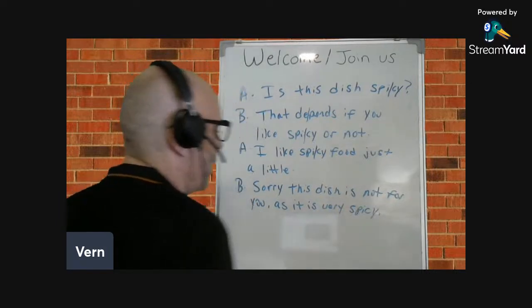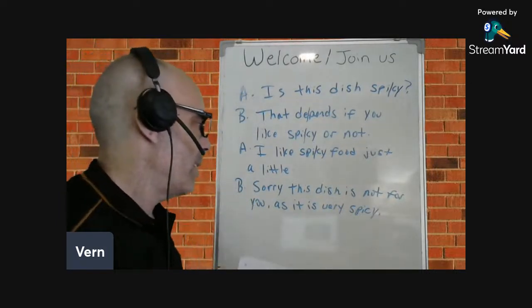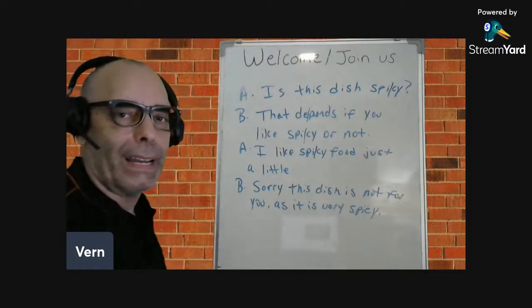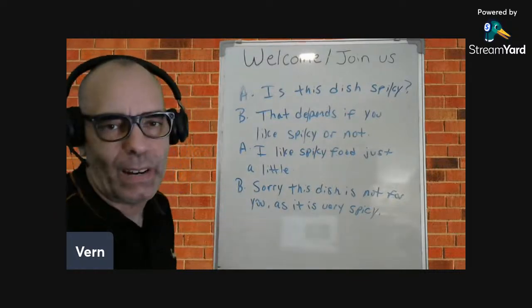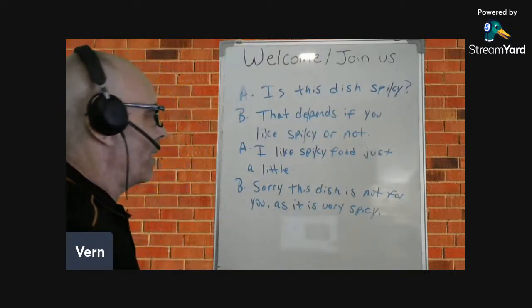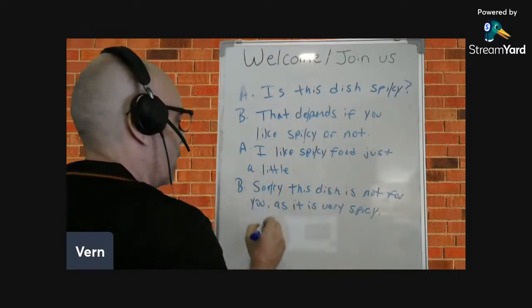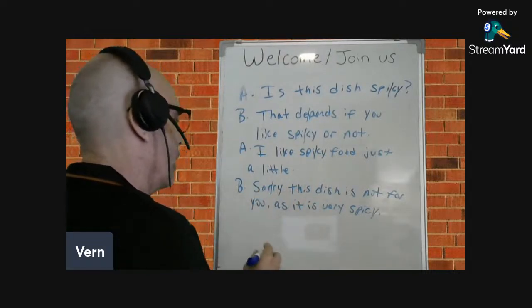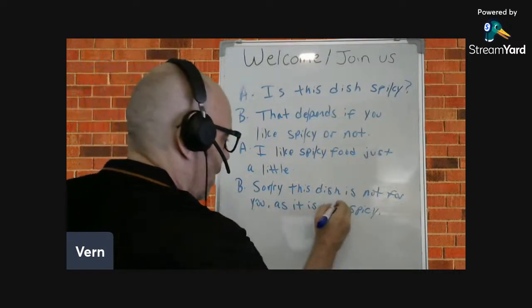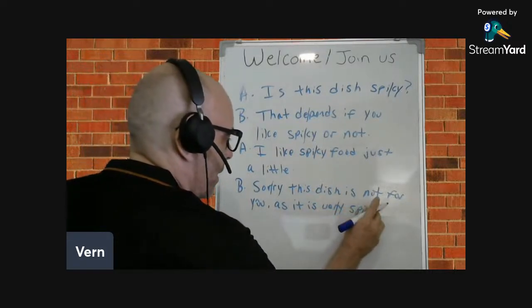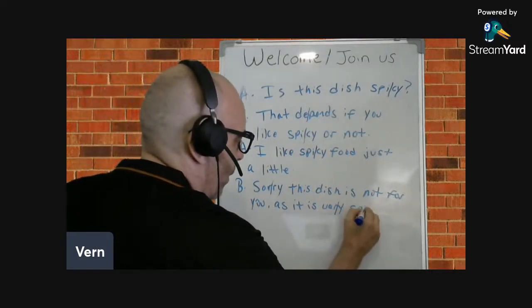So it was nice that they told us that this dish would not make us happy. Why? They gave us the answer. It's very spicy. Ooh, it'll be very hot. All right. Sorry, this dish is not for you as it is very spicy.